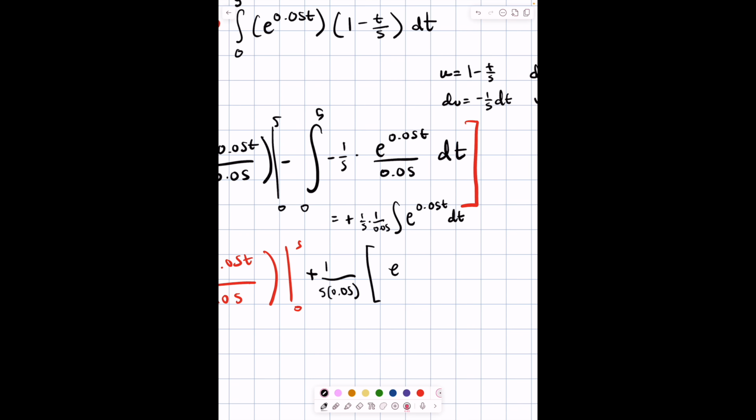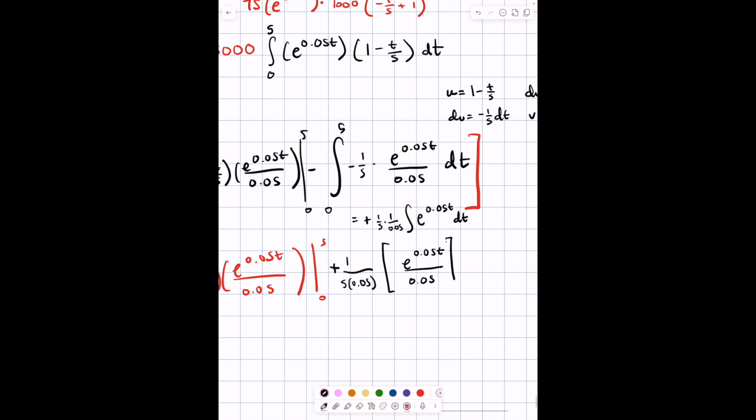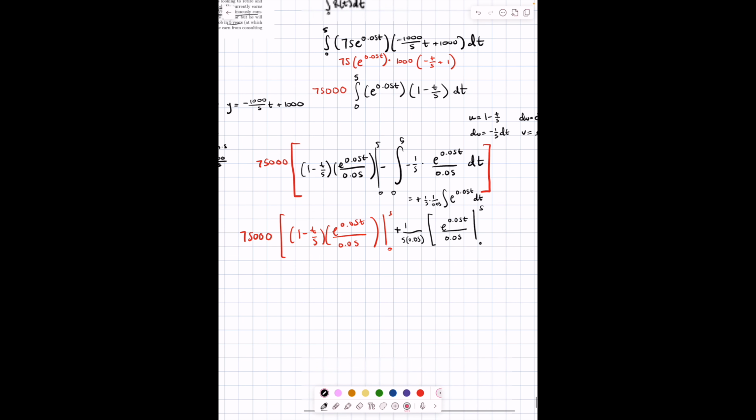And then you just take this integral, something like this. This is the integral, and then you obviously need to evaluate this one as well.